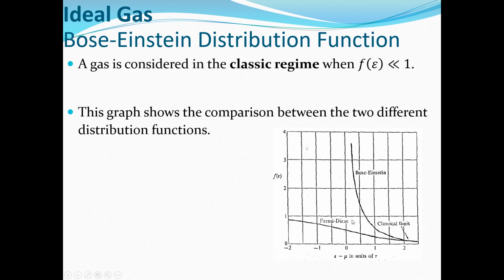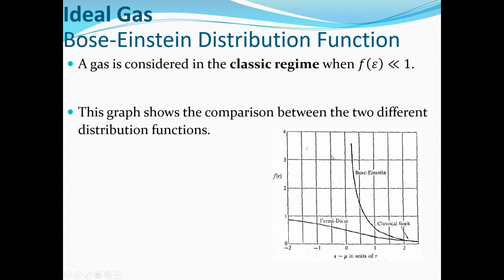But as we go down here in the low energy ranges, we end up finding a drastic difference between the bosons and the fermions. Again, the fermions can only be between 0 and 1, because we can have at most one particle in every possible energy level.